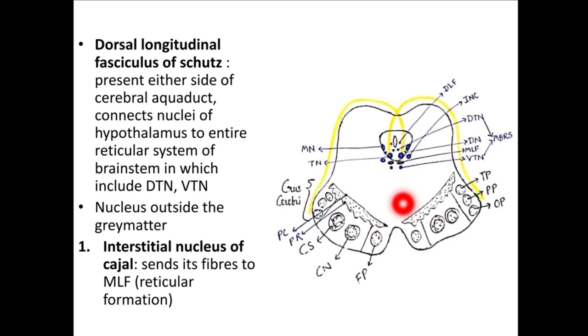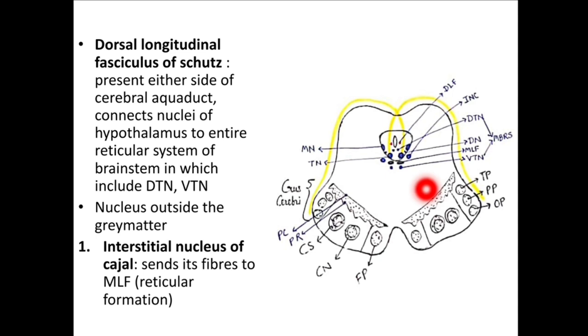Another structure is the dorsal longitudinal fasciculus of Schütz, present on either side of the cerebral aqueduct, DLF. It connects nuclei of the hypothalamus to the entire reticular system of the brainstem, which includes the dorsal tegmental nucleus and ventral tegmental nucleus.